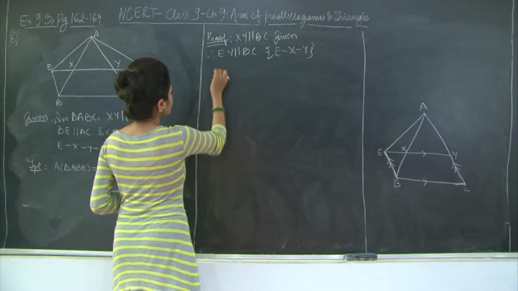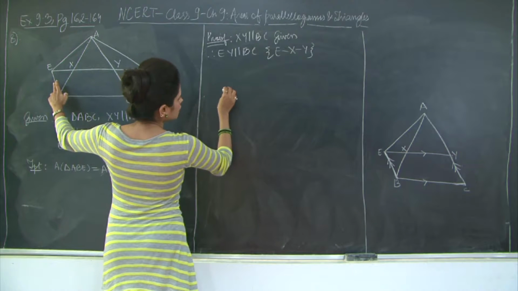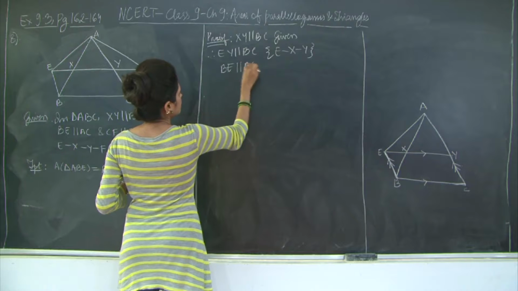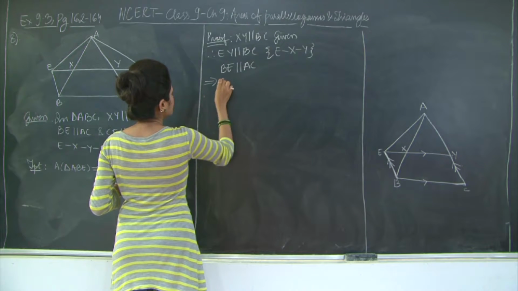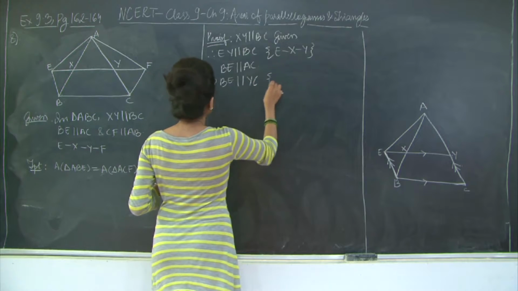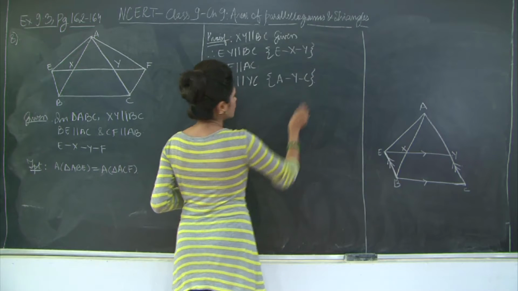And also I have, see, BE is parallel to AC, which implies that BE is parallel to YC, right? Since Y lies between A and C, right?